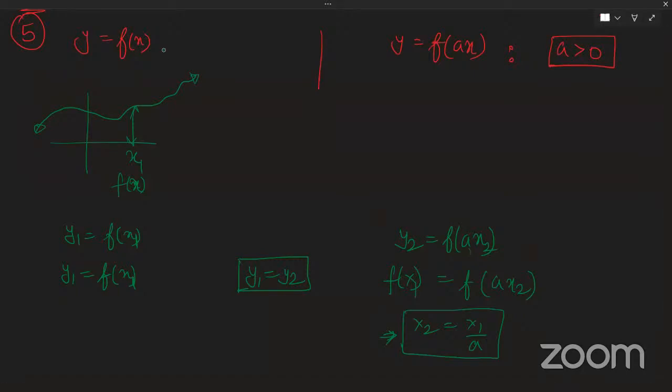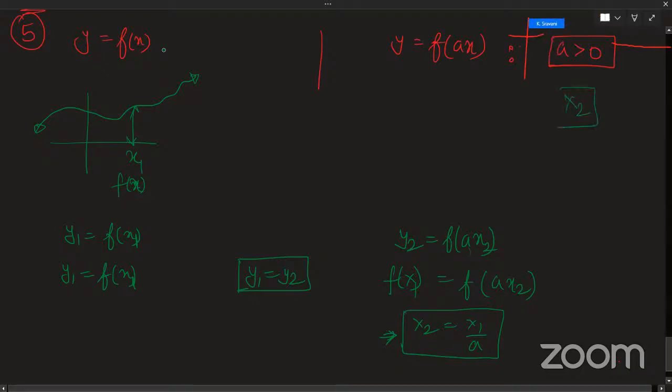Okay, see, I have a function f of x, y is equal to f of x. The first input, the input that we were giving, I am assuming to be x1. And the new input that I have to give, I am taking it to be x2. In order to check the relation between my earlier input and my new input.